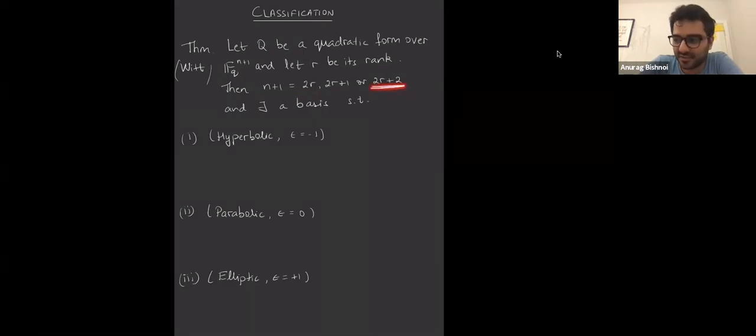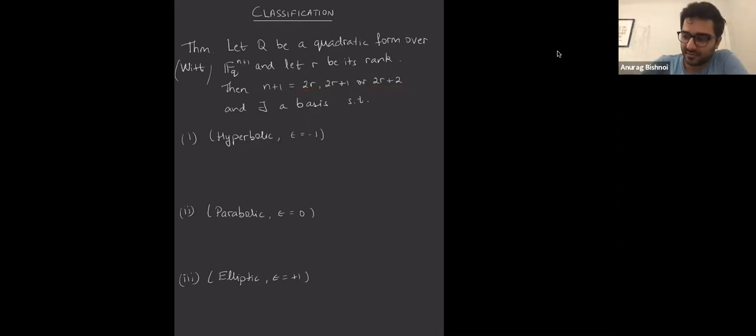These are the possibilities for the even case, and for odd, the rank has to be exactly the maximum possible. So this tells you that the maximum possible rank, we saw a bound on the rank in terms of the dimension of the vector space, is achieved, basically, except in this case where it could be one lower.